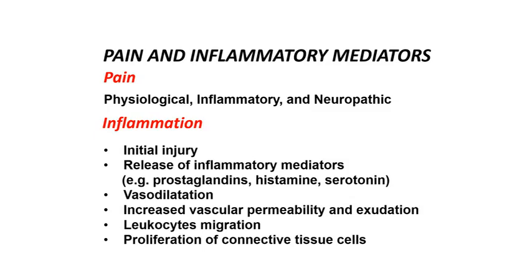This is followed by vasodilation, increased vascular permeability and exudation, and these signs are seen as redness and oozing at the traumatic site. Then this is followed by leukocyte migration and then proliferation of connective tissues.